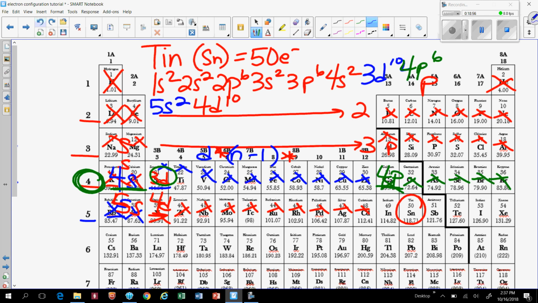As soon as I hit indium, I'm going to the P sublevel where the energy level goes back to what it was. It was 5, so we're going back to 5p.